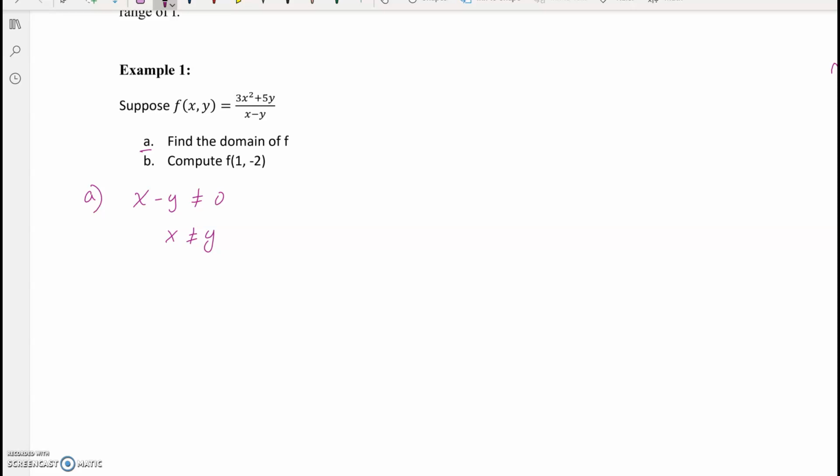Since x cannot equal y, or x equal to y, we see this is a line equation. It's a diagonal line.